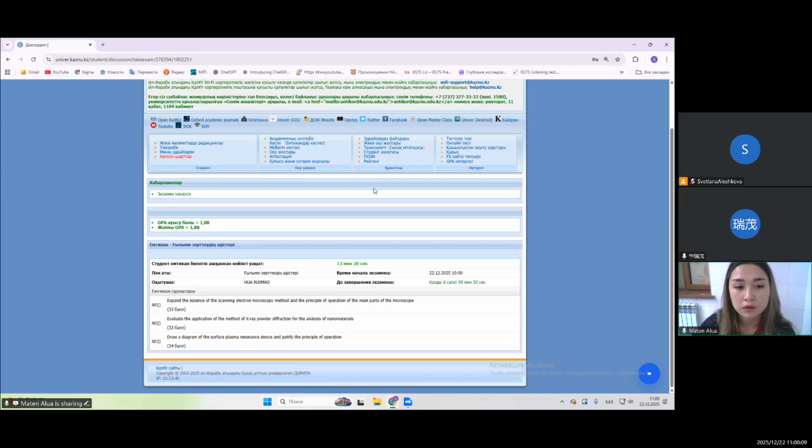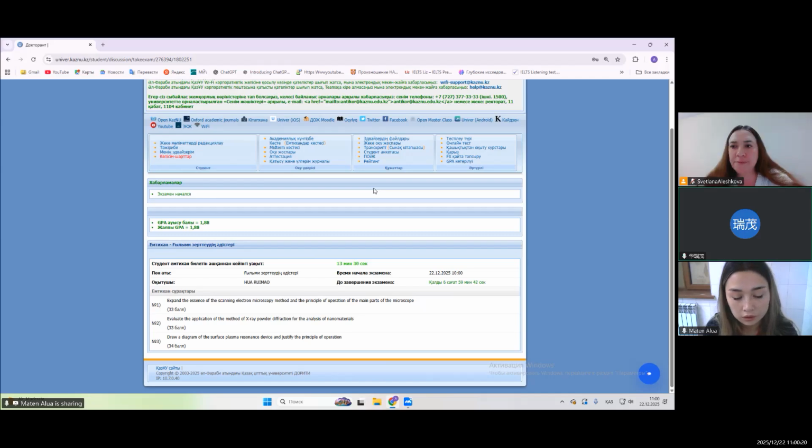Okay, if you want to expand the efficiency of the SEM method, do you think it is easy or not easy? Which analysis do you mean? The question is how to expand.